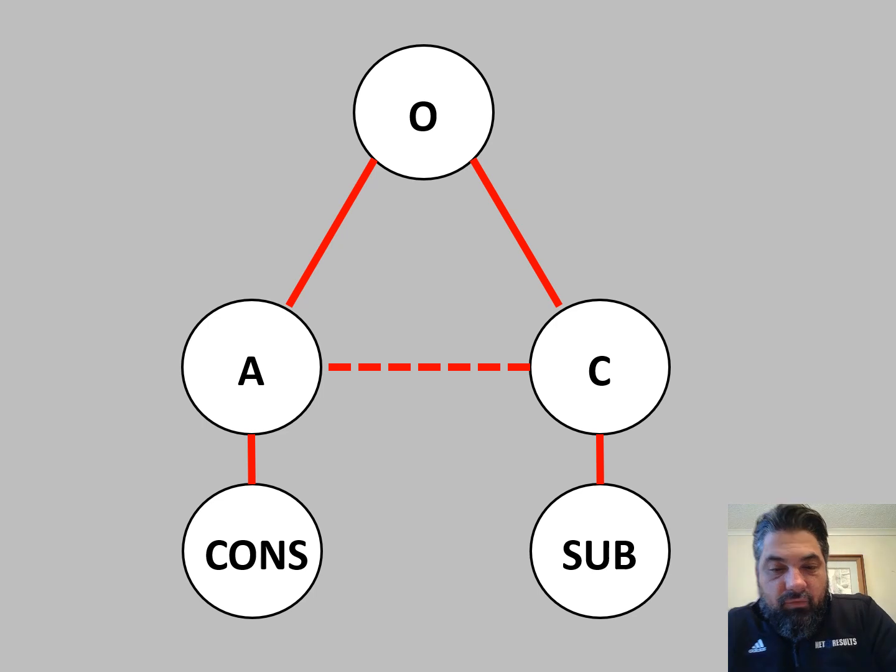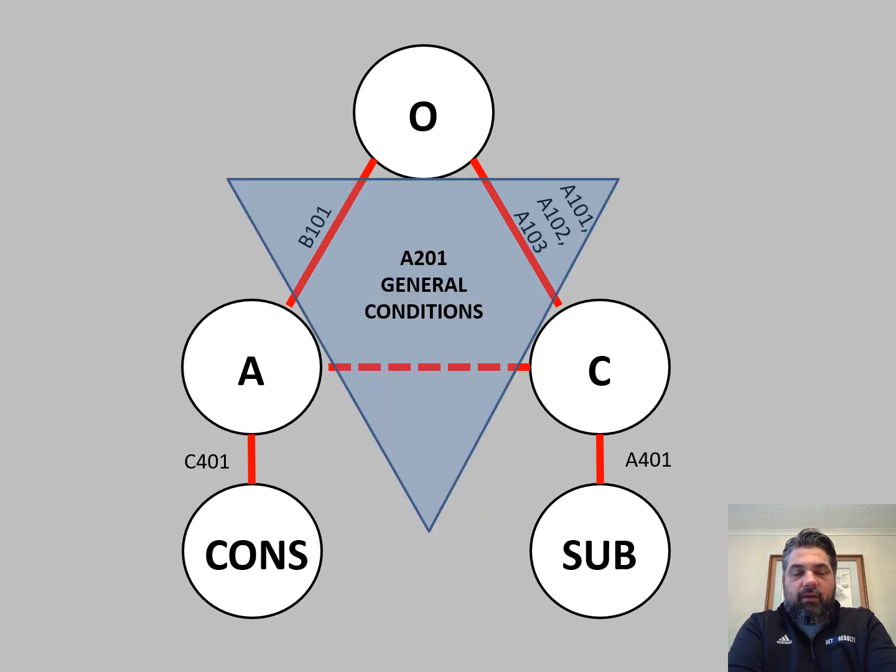Now, there's not a direct contract between the architect and the contractor in this relationship. In fact, even when the owner is contracted with a contractor for the construction, the architect still remains an agent of the owner and represents the owner in various capacities that are defined by their contract. Because these are two separate contracts, there is another contract document called the A201 General Conditions for Construction.